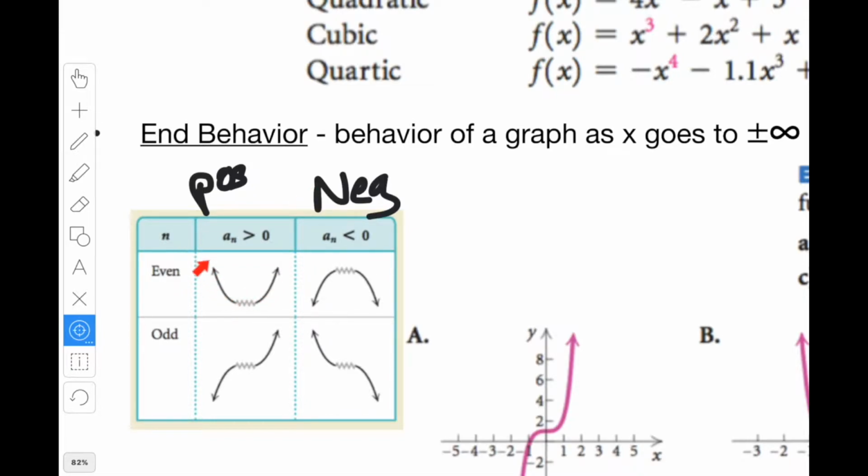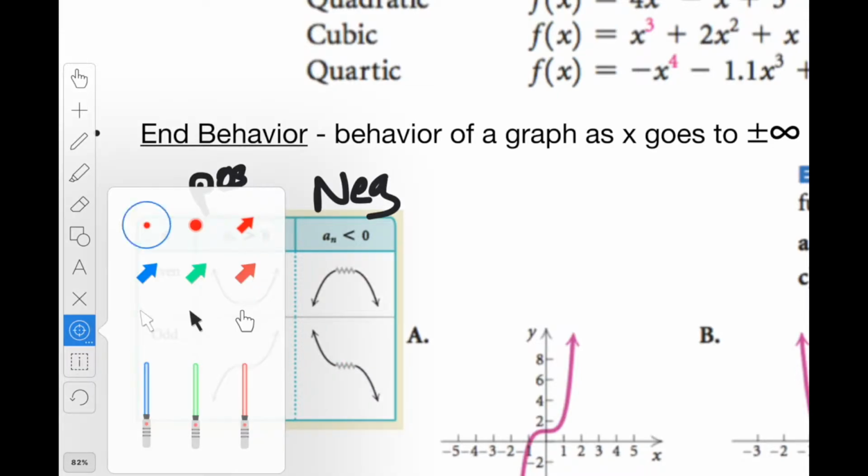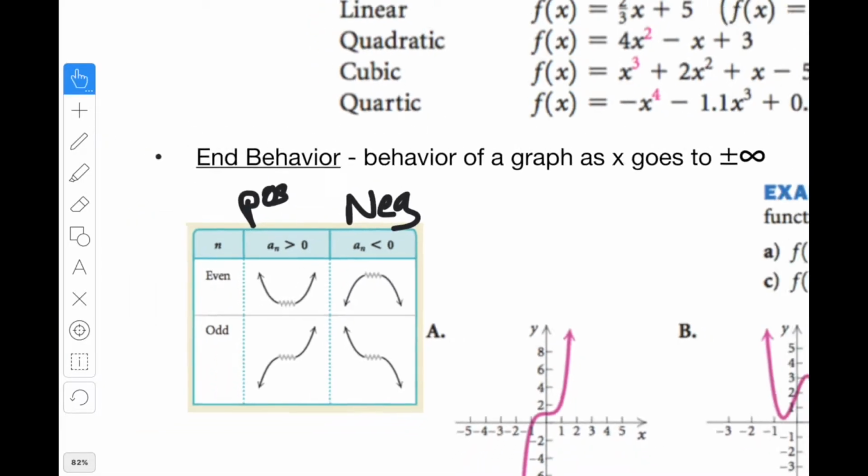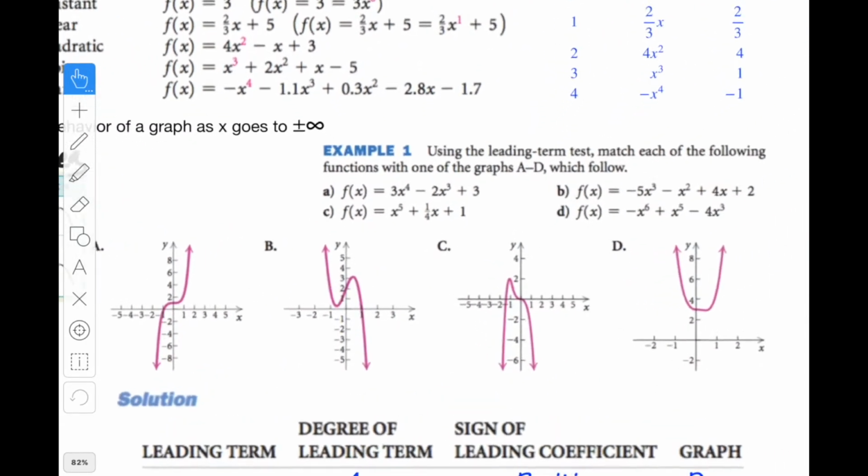It's going up to positive infinity. This would be the graph of y equals x cubed. This would be the graph of y equals negative x squared. The whole thing gets flipped. This would be the graph of y equals negative x cubed here. So if you know about the first term, the leading coefficient, then you can determine a lot about the graph.